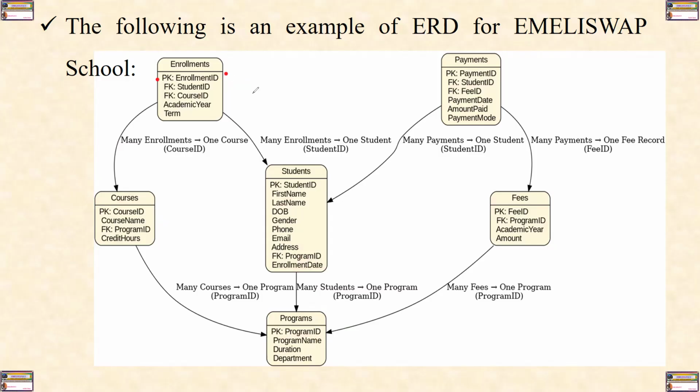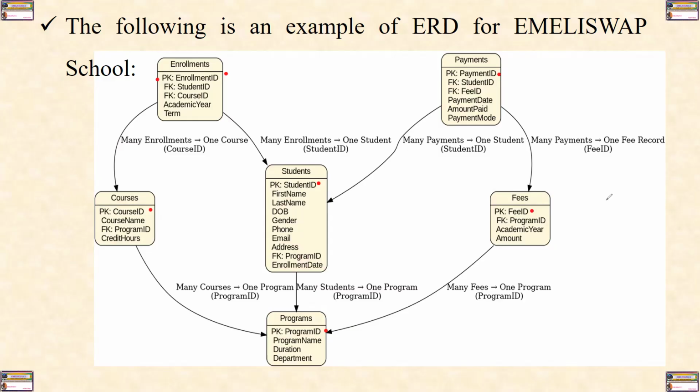In the courses table, we have a primary key called course ID. In the students table, the primary key is student ID. In the programs table, we have program ID. In the payments table, payment ID. In the fees table, we have the fees ID.